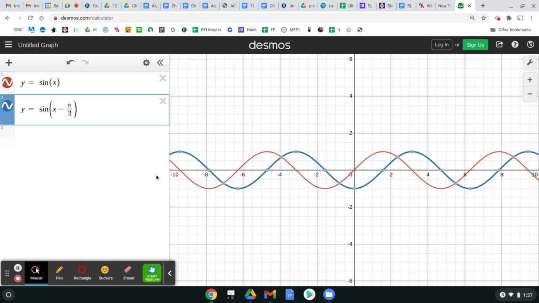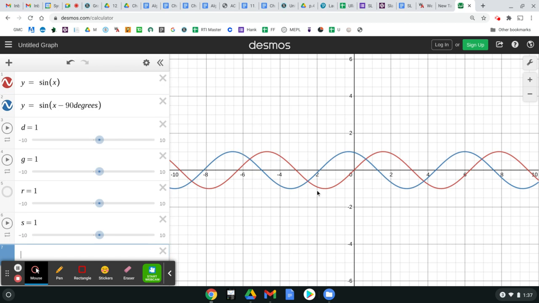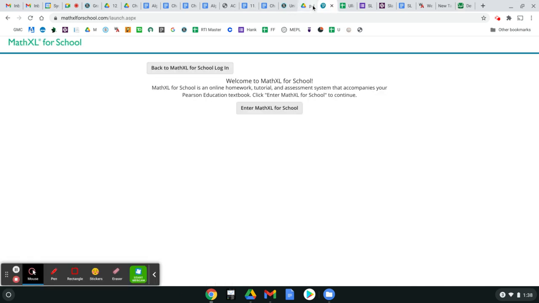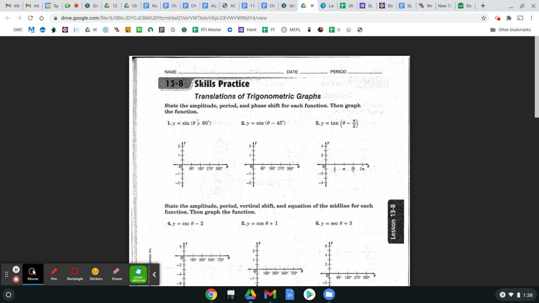Or what if I did 90 degrees? I don't know. Yeah, there you go. There it is. What I really want to tell you about that is it's the same adjustment that has been made all along. So this one's going to go left 90.